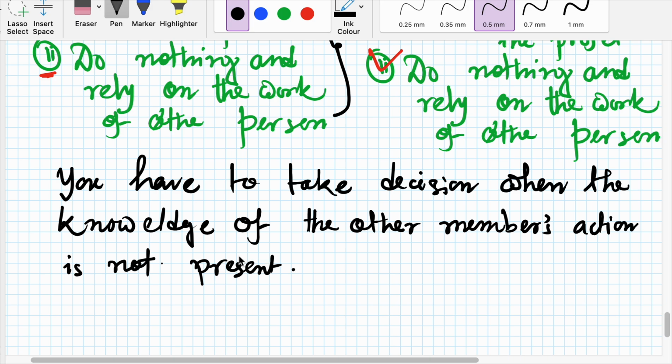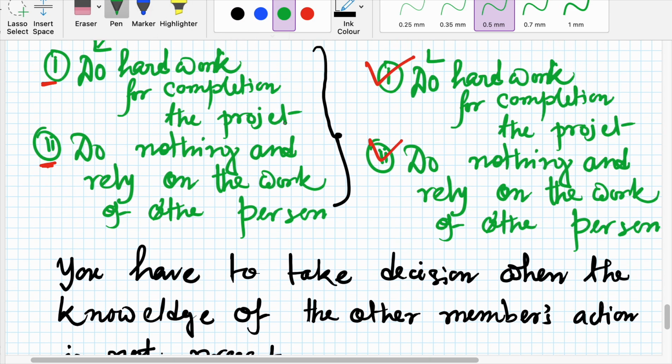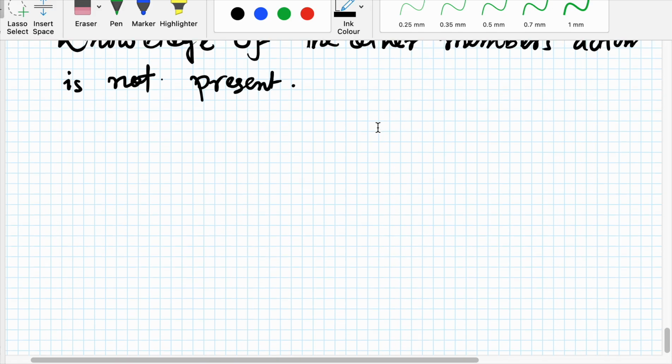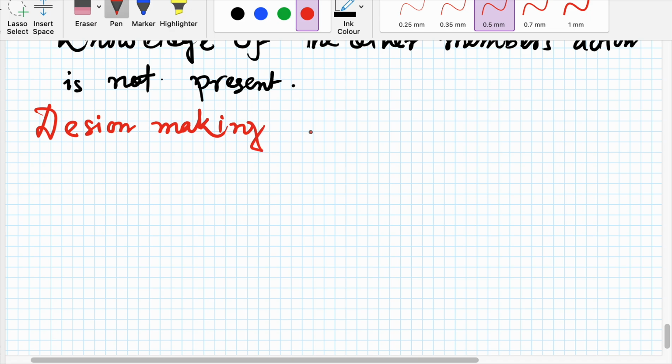Here you see that your project depends on what the other individual is doing. This is a classical example of decision making under uncertainty.